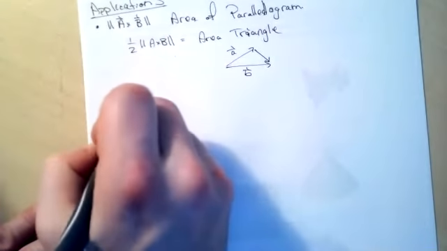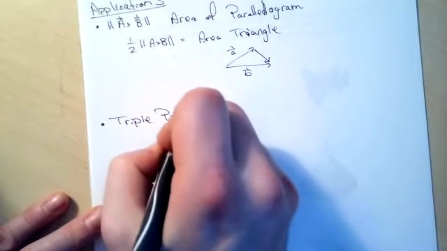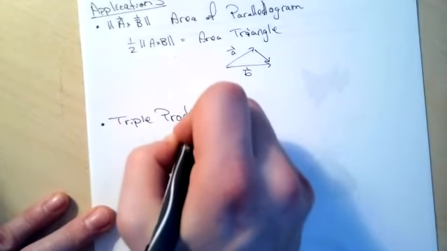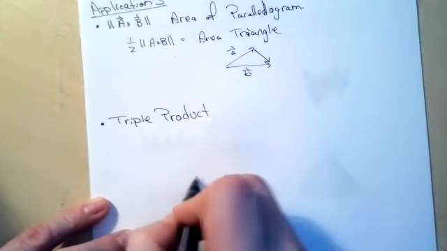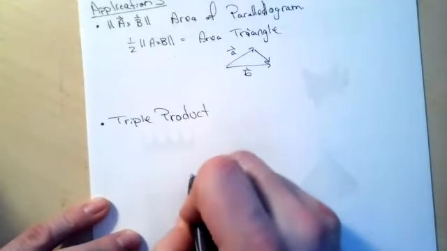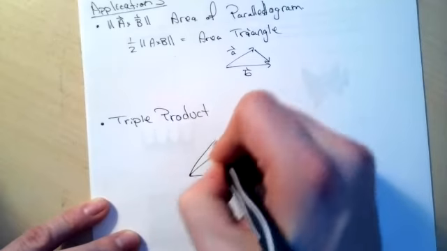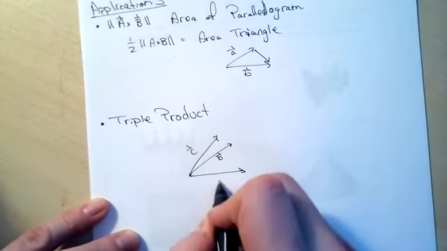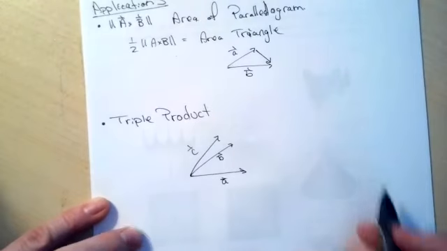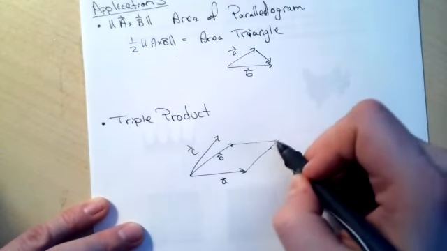We also have the triple product. Wish I could go a little bit more in depth. I encourage you guys to work this out. Make sense of this in your mind. So if we have 3 vectors, let's say we have A, B, and then let's say we have C. These 3 vectors are now going to form a parallelepiped.